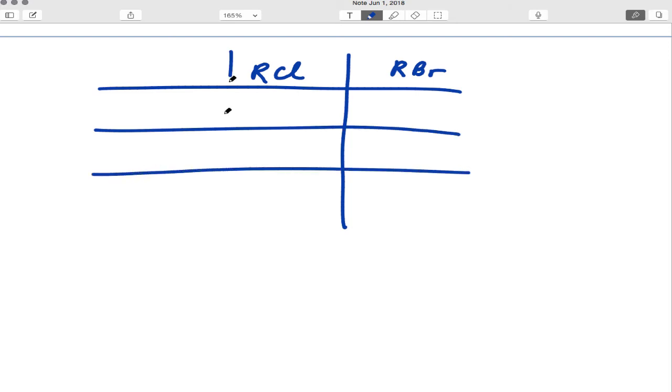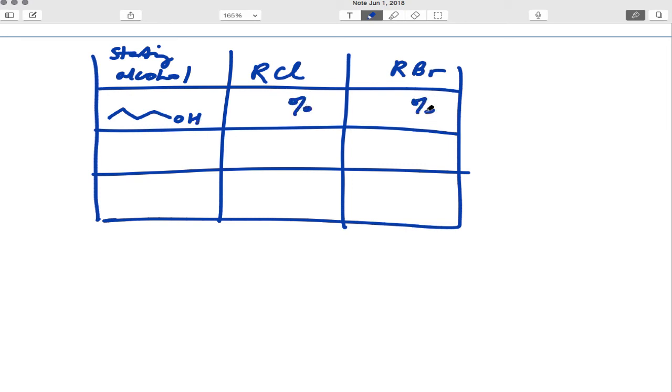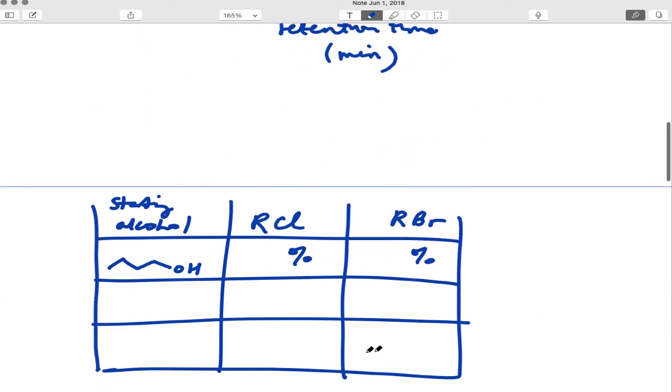You can just enter those into a really simple table like this. You can say starting alcohol, and you can draw the 3 different alcohols that you started with. Then you could say what percentage of the chloride was here and the percentage of the bromide there from doing this calculation. And then do that for all 3 alcohols.